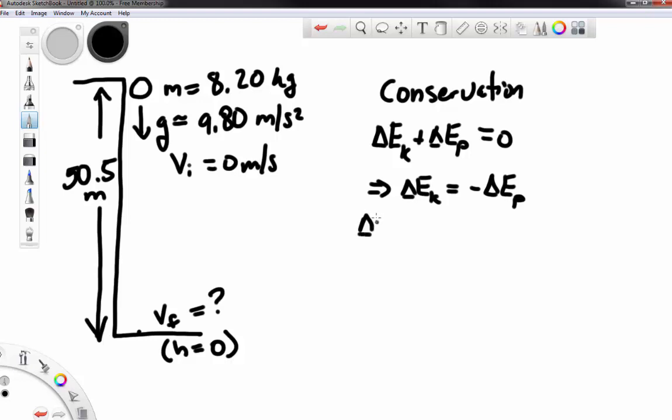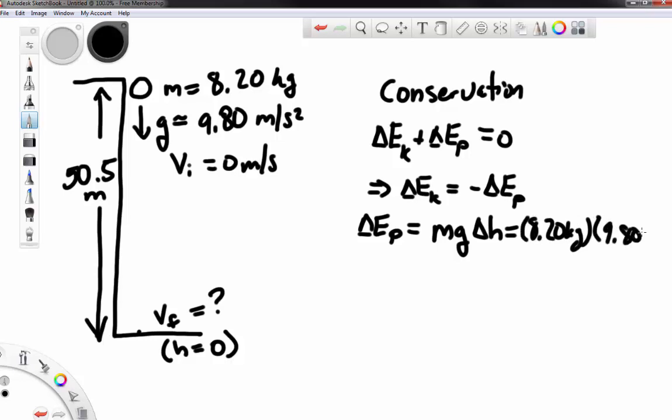Change in potential energy in this case is entirely gravitational potential, and recall that that is given by mg delta h. So use the mass, and use the gravitational acceleration, and use the change in height, which is minus 50.5 meters.